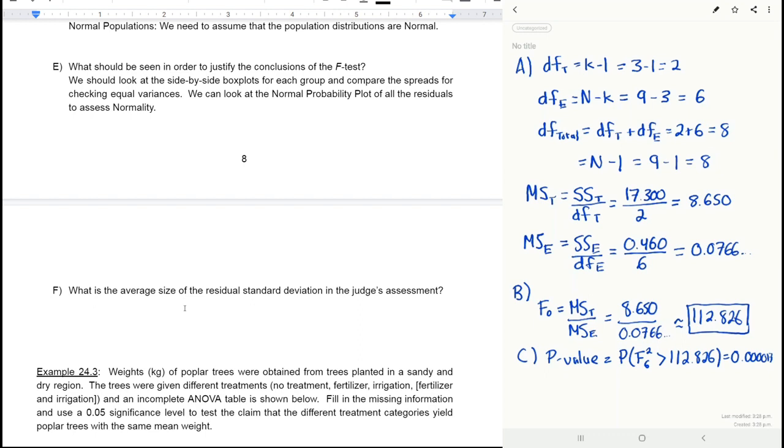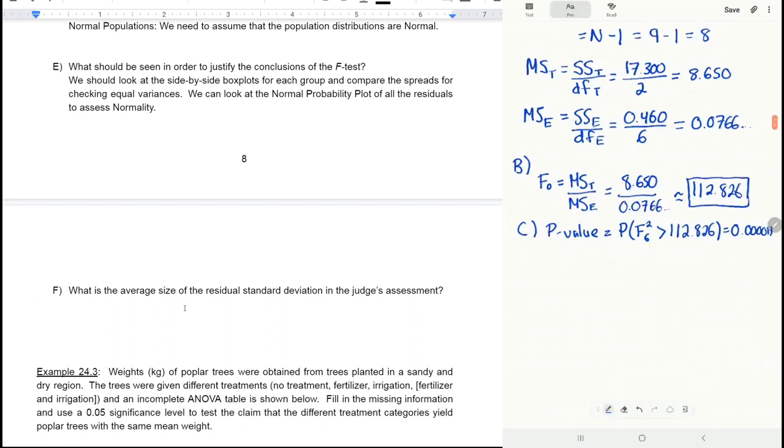So now, what is the average size of the residual standard deviation in the judge's assessment? So let's have a look at calculating the pooled or residual standard deviation. Recall that when we calculated the error mean square, this was a pooled variance.